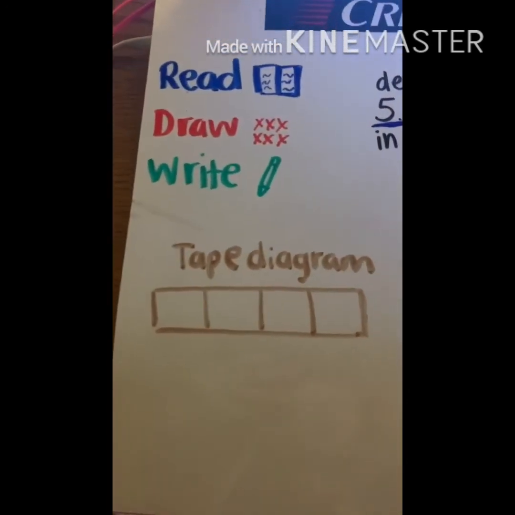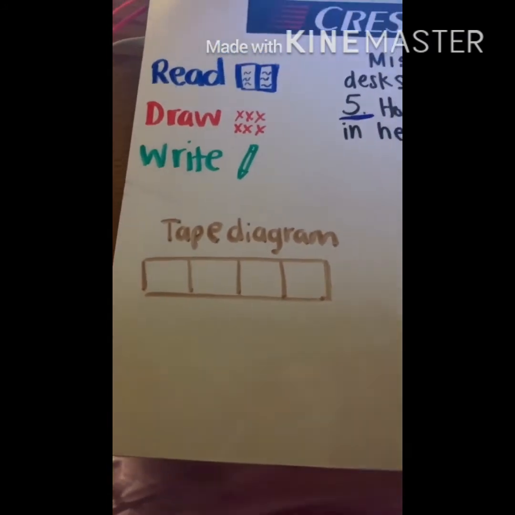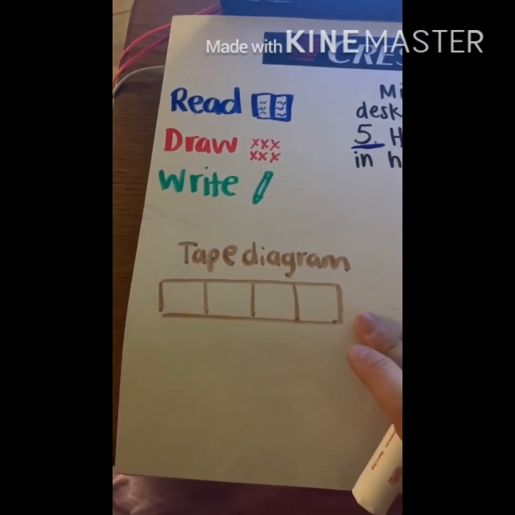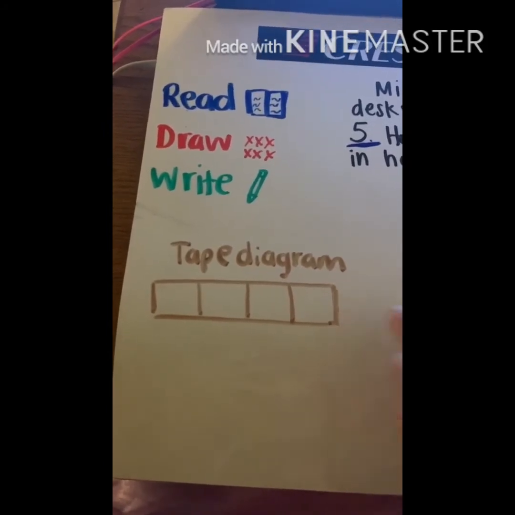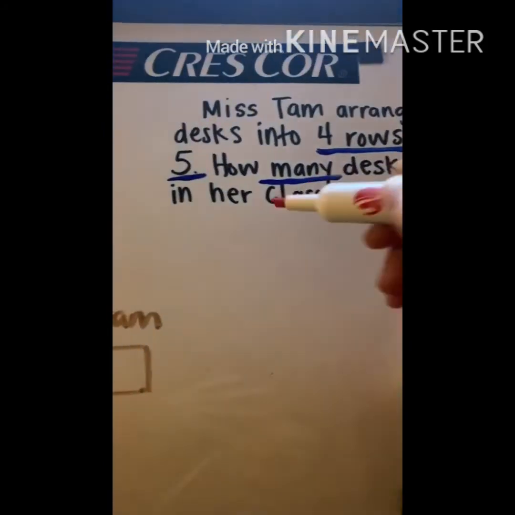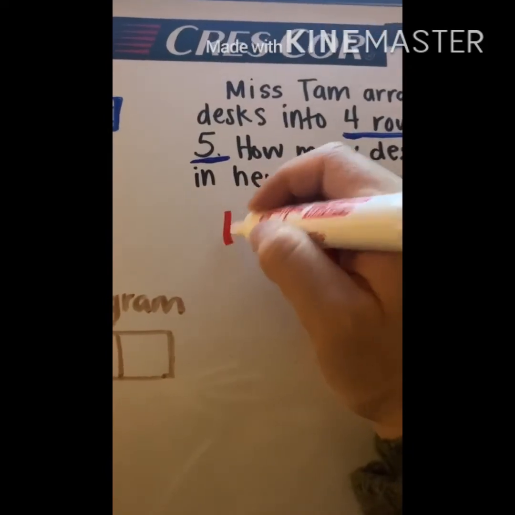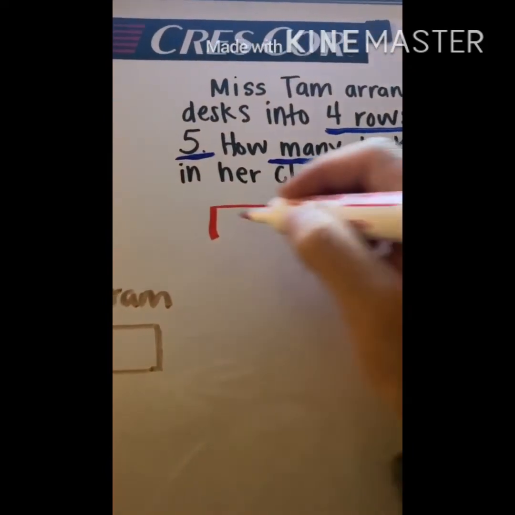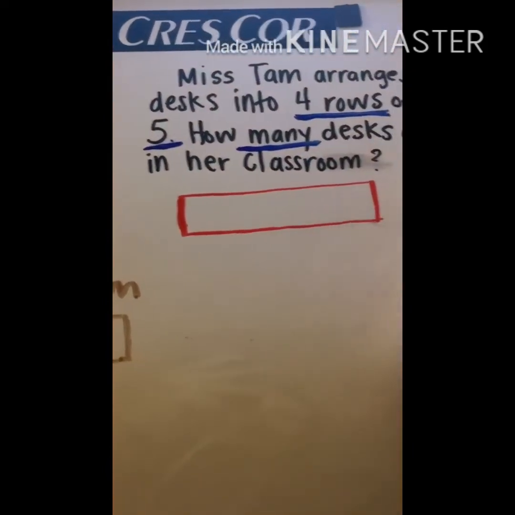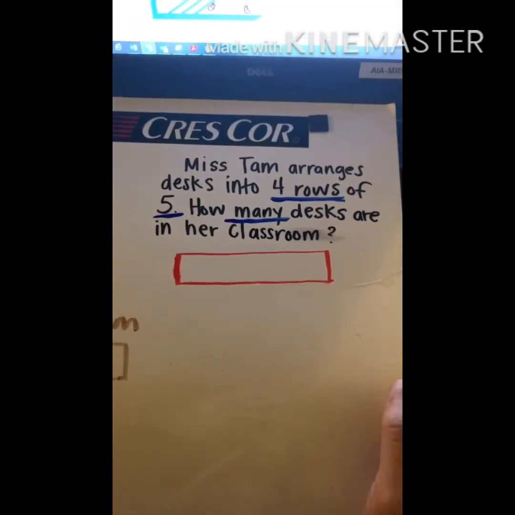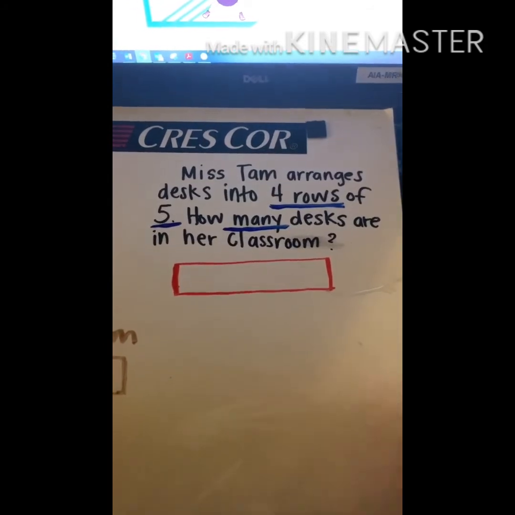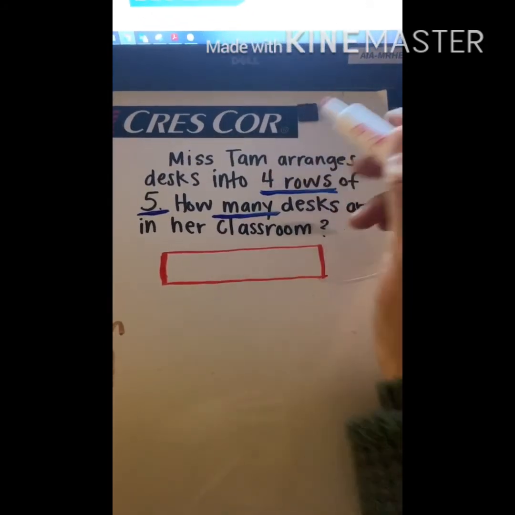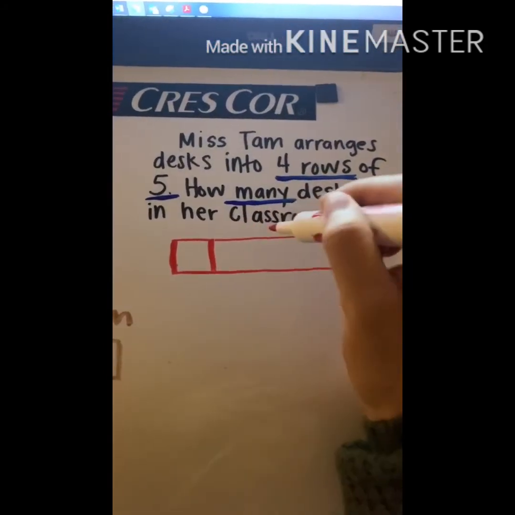So today I did say we're going to use our new vocabulary word, tape diagram. So instead of drawing an array, we're going to use a tape diagram to represent our problem. So I'm going to make my rectangle. And how many rows did it say? That's right, we have to do 4 rows.